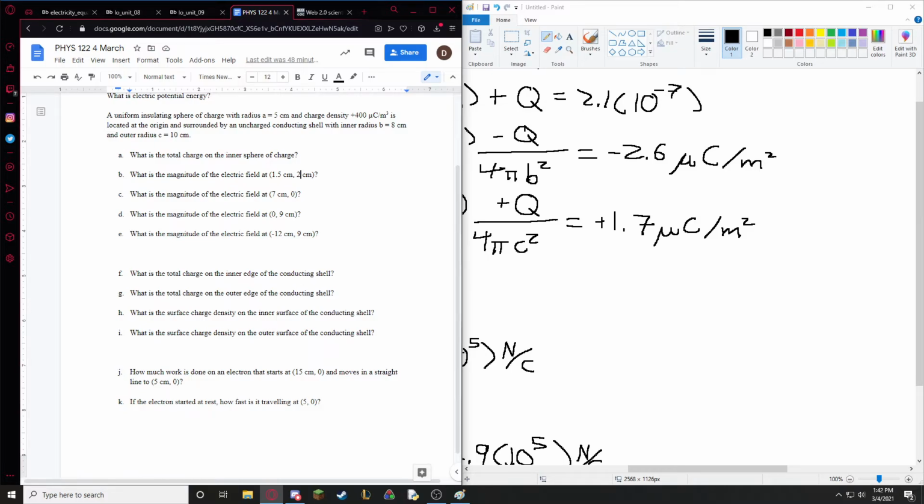Any other questions? Does that make sense? So that's basically all you need to know. You'll see a whole bunch of other examples with Gauss's law, seeing symmetry, and having conducting shells surrounding things.